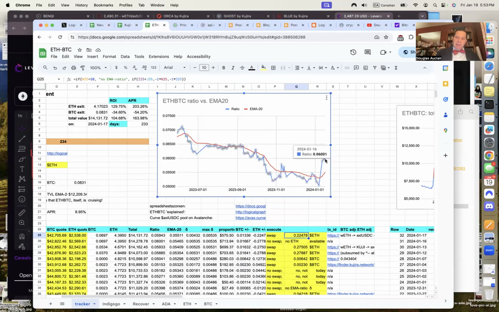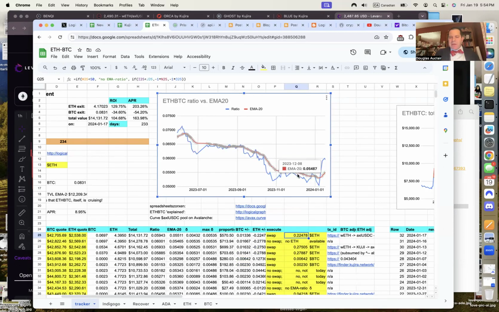the EMA 20 and the ratio itself is pretty significant, which is saying that Ethereum is really highly valued and Bitcoin is really underpriced as compared to Ethereum. So the more Ethereum I trade today to buy Bitcoin, the better the deal is.